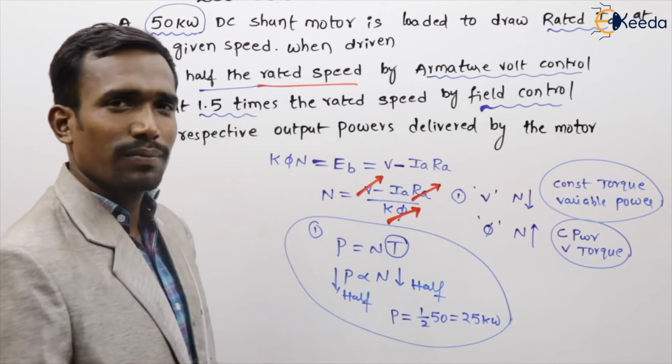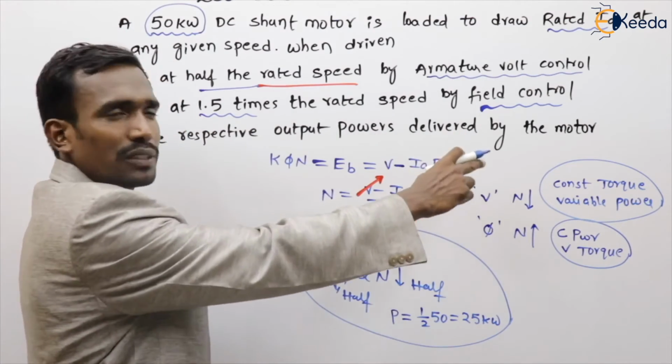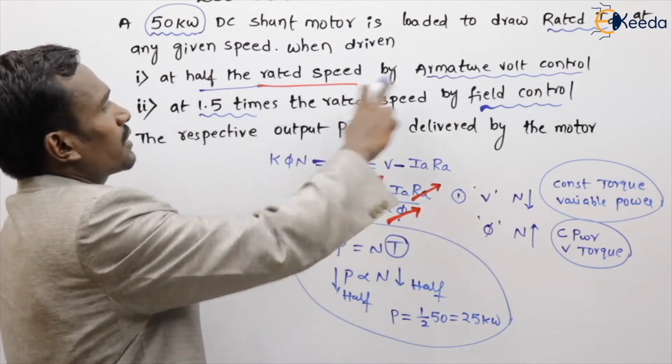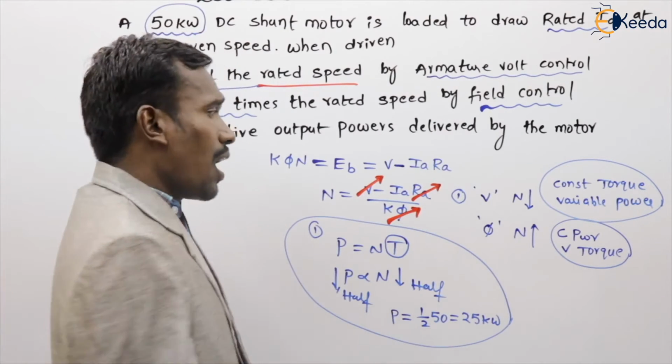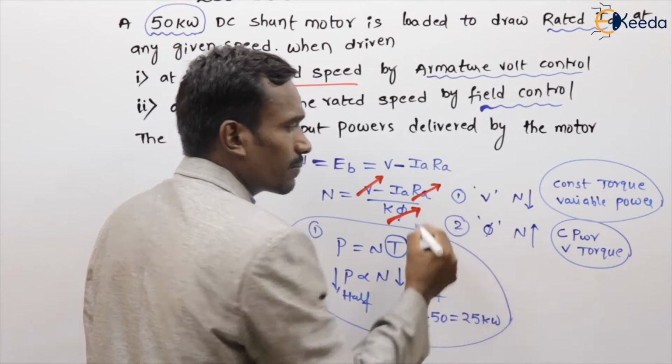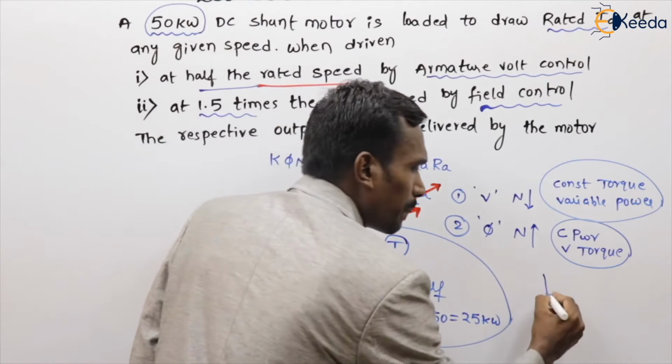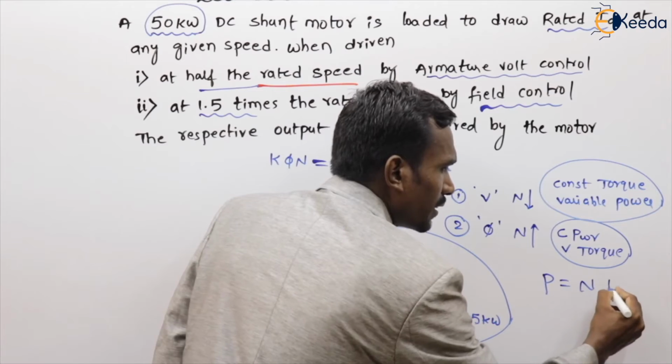This is the first one. The respective power output for the first one is 25 kilowatts. And coming to the second one, here also P = N T.